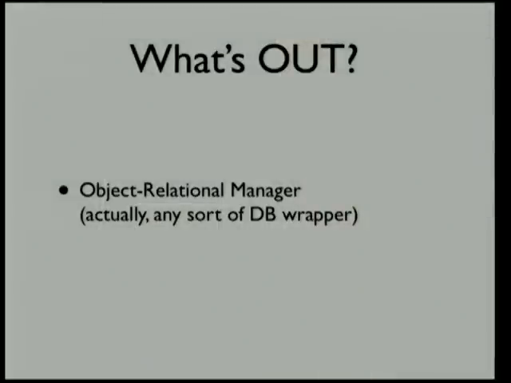Okay, the things that are out. I don't care about ORMs. The stuff that I do, typically we're writing code that's fairly simple, and we like having explicit SQL in our code. We don't want to have the magic of an ORM layer abstracting away what the SQL is actually doing. So we like having direct SQL. So any sort of database wrapper really.